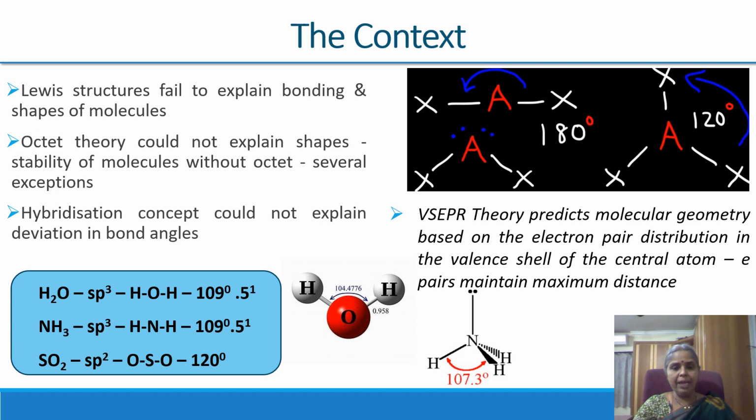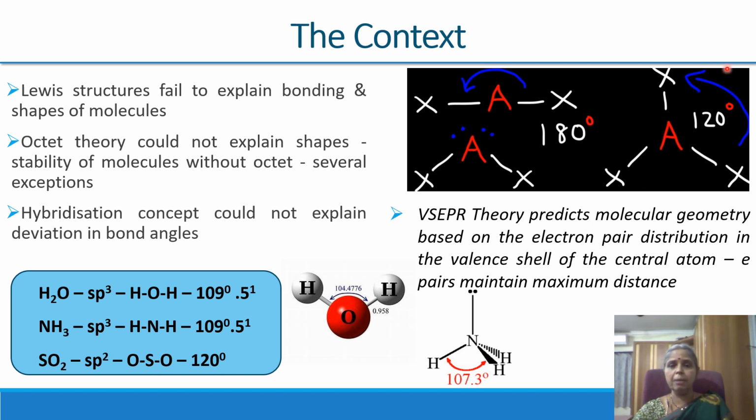So, by arranging the electrons at maximum distance, you can see here there are two electron pairs. A is bonded to two X atoms. So, there is one pair of electrons here, and another pair of electrons here. These two pairs of electrons keep maximum distance from one another at 180 degrees.